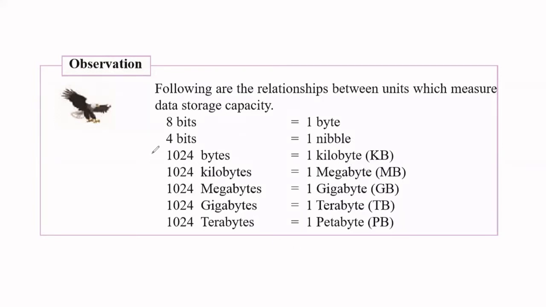You should remember that 1024 is 2 to the power 10. 2 to the power 10 bytes is equal to 1 kilobyte, and 2 to the power 10 kilobytes is equal to 1 megabyte, and 2 to the power 10 megabytes is equal to 1 gigabyte, and 2 to the power 10 gigabytes is equal to 1 terabyte, and 2 to the power 10 terabytes is equal to 1 petabyte. Those are very important.